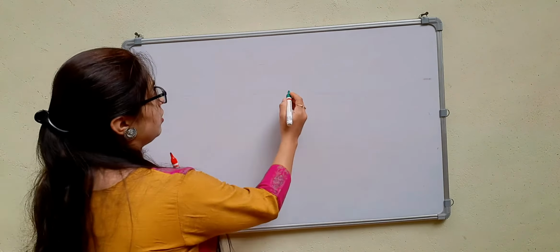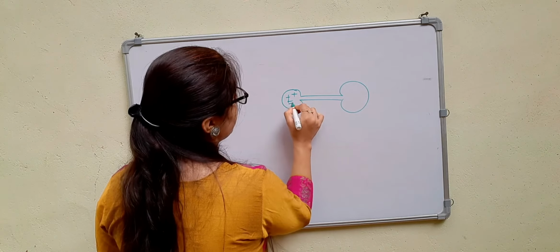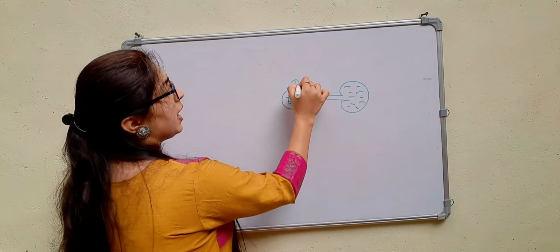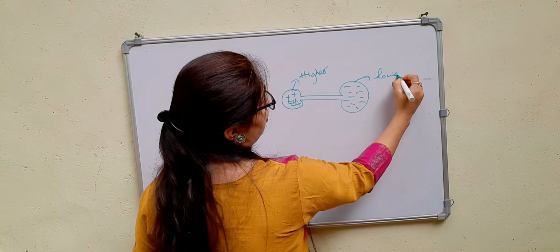See, if you have here positive, here negative, this means this is at higher potential, this is at lower potential, right?